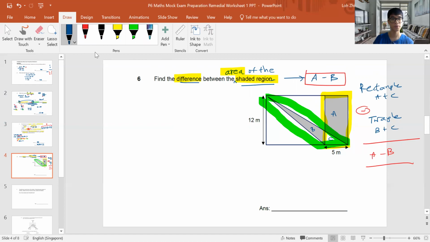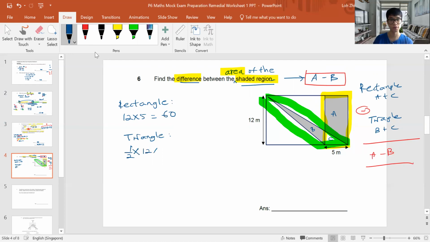Now let's look at the rectangle first. Rectangle is the base times the height, so it's 12 times 5, and that's equal to 60. How about the triangle? The triangle is the base times the height, times half, or you can say divide by 2.